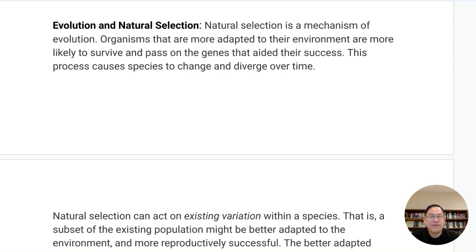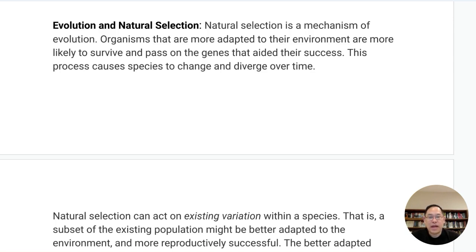If you have variations of different organisms which are more or less adapted to their environment, and therefore more or less likely to survive and pass on the DNA or the genes in that DNA that contribute to their success in that environment, this process causes species to change and diverge over time.